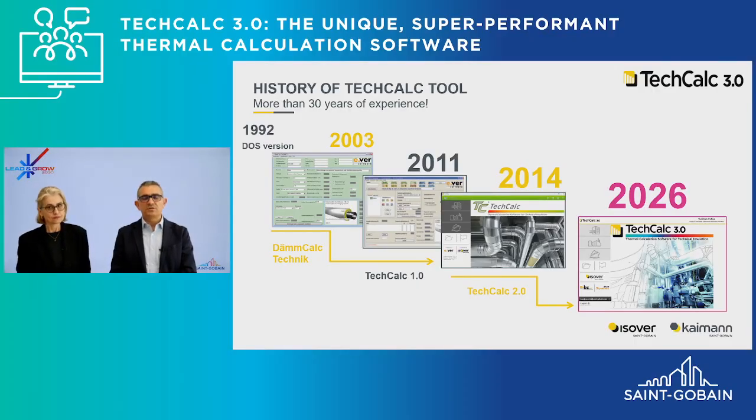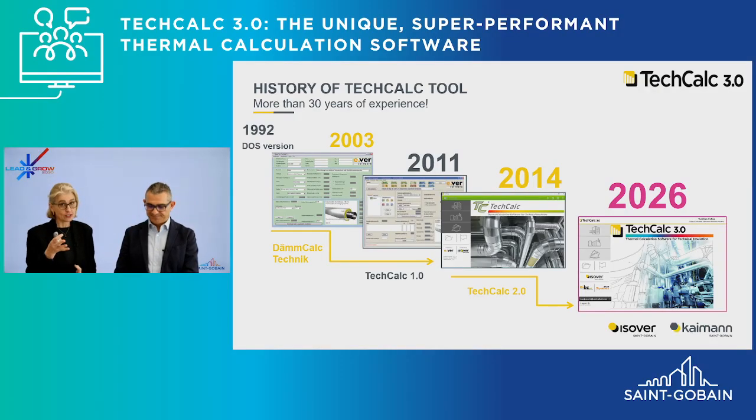In 2014, TechCalc 2.0 was launched with many new aesthetic aspects, new methodologies, and the 5 steps guide workflow. And now in 2026 we proudly launch TechCalc 3.0, the new generation of thermal calculation software for technical installation.